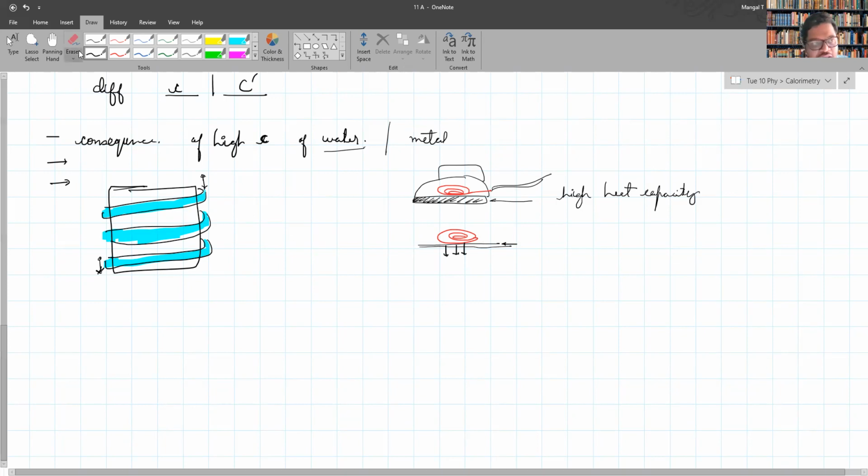The same logic is there in a cooking pan. If you ask anyone in your house who cooks food, they prefer a cooking pan which has a thicker base. So these are some of the reasons which you can expect in the exam.